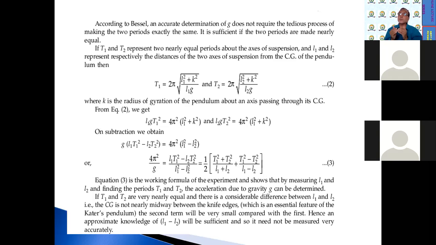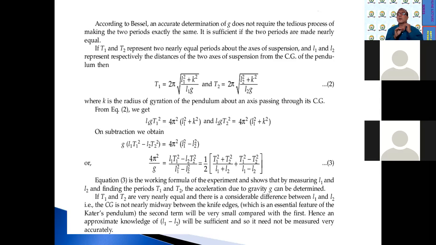In the previous experiment, the simple pendulum, we also calculated the value of g, but the value calculated using the simple pendulum has some defects. In order to avoid these drawbacks, the compound pendulum, particularly the Kater's pendulum, has come into existence.